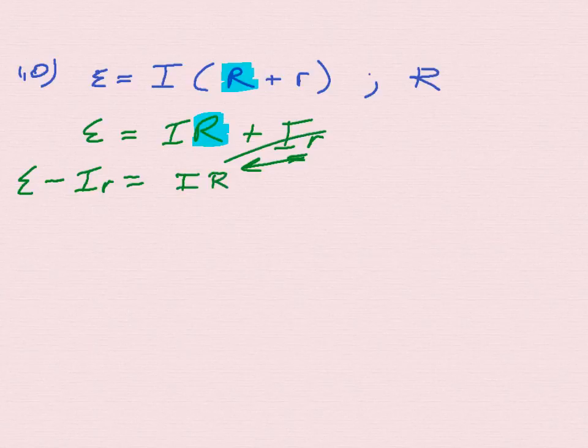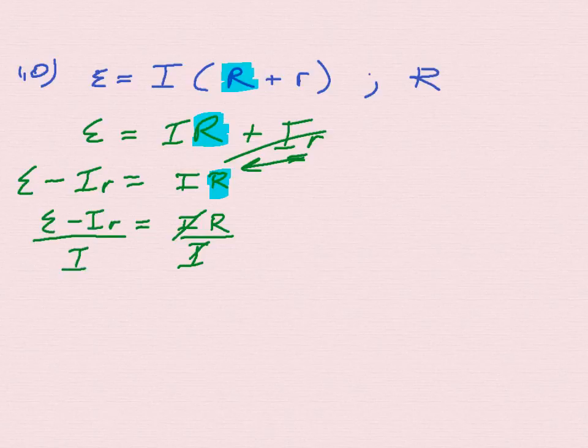the capital R almost by itself on the right-hand side, except that it's still multiplied by I. So your next step would be to cancel the large I by dividing. As long as you do the same thing to the other side, you've broken no rules. Now again, great caution.